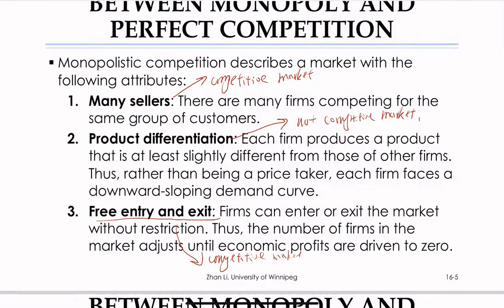This implies that rather than being a price taker, the firms in the monopolistically competitive market will have some sort of power to make their own price. So a monopolistically competitive firm in some sense is actually a price maker. Product differentiation will make firms in this market look like monopolists.